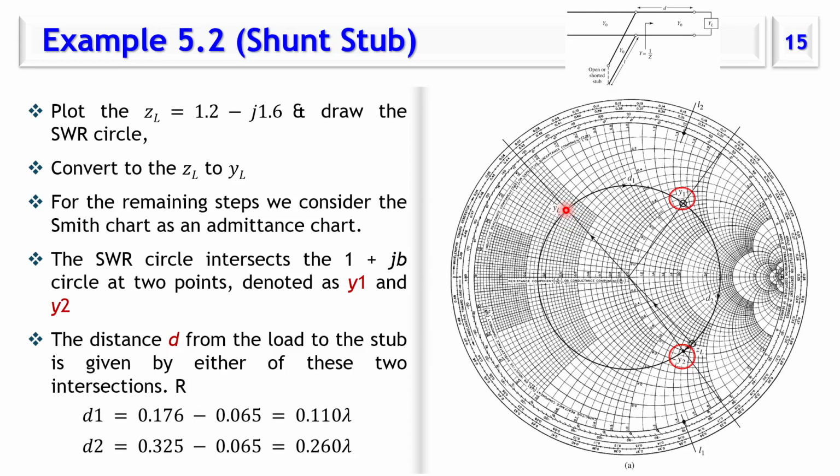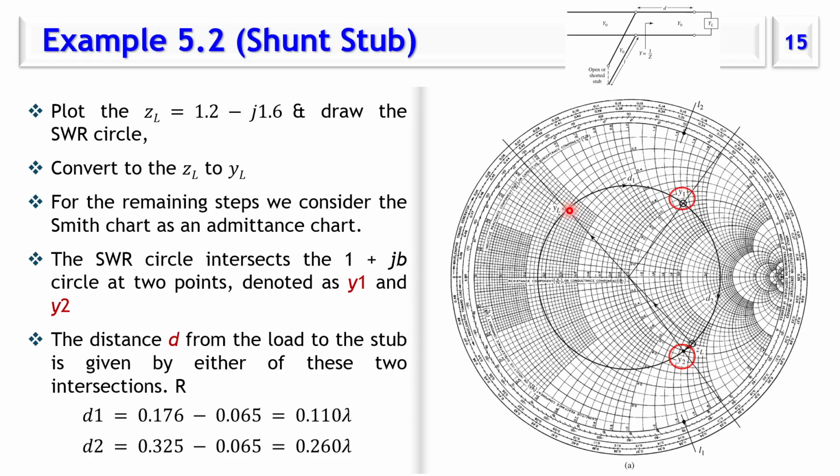So we are at this point, and we want to move a certain distance towards the generator such that the input admittance equals 1 plus jB. So we are here, we're going to move to 1 plus jB. So it's something on this 1 plus jB circle.